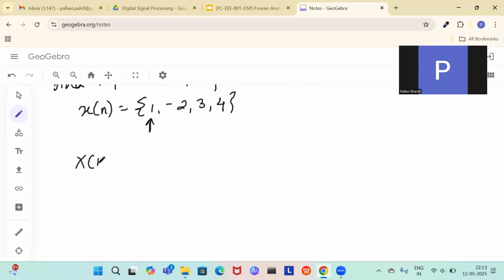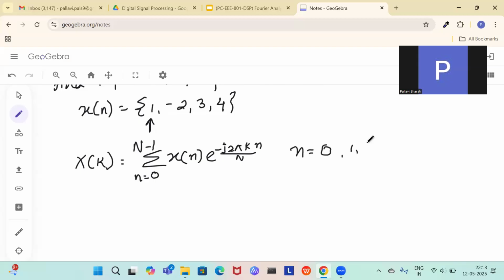X of k is equal to the sum over small n equals 0 to capital N minus 1 of x of n e to the power minus j 2 pi k n by N, right? n is ranging from 0 to N minus 1, and same thing with k. K is ranging from 0 to N minus 1. Now, what is capital N?